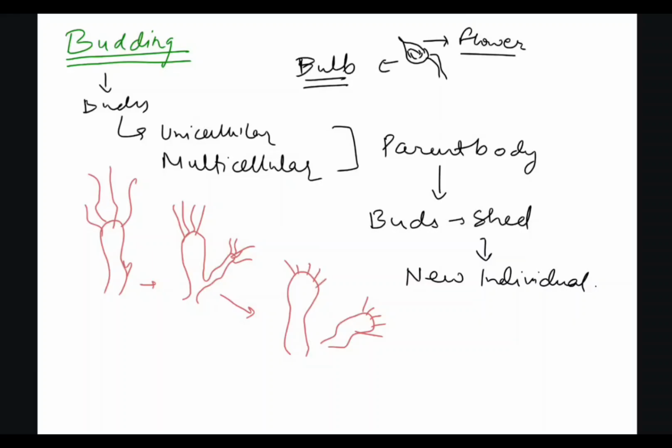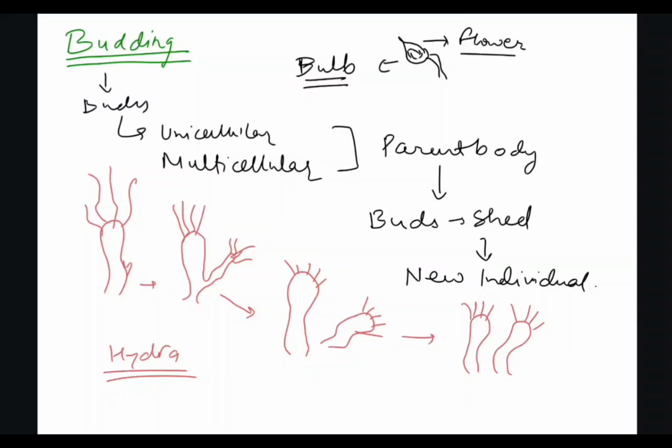It separates, it falls down, and then you now have two of them. This is the classic example of hydra. Very simple, easy to understand, and a very classic example of budding.